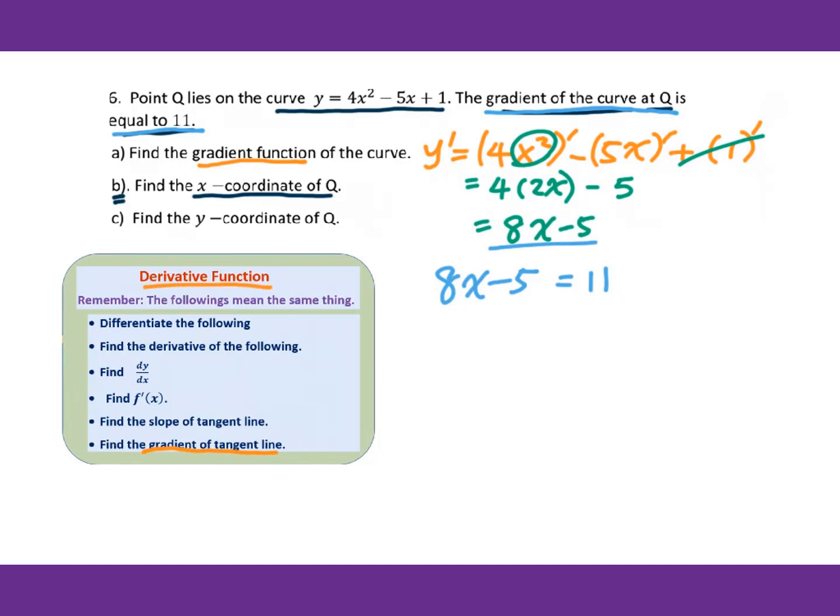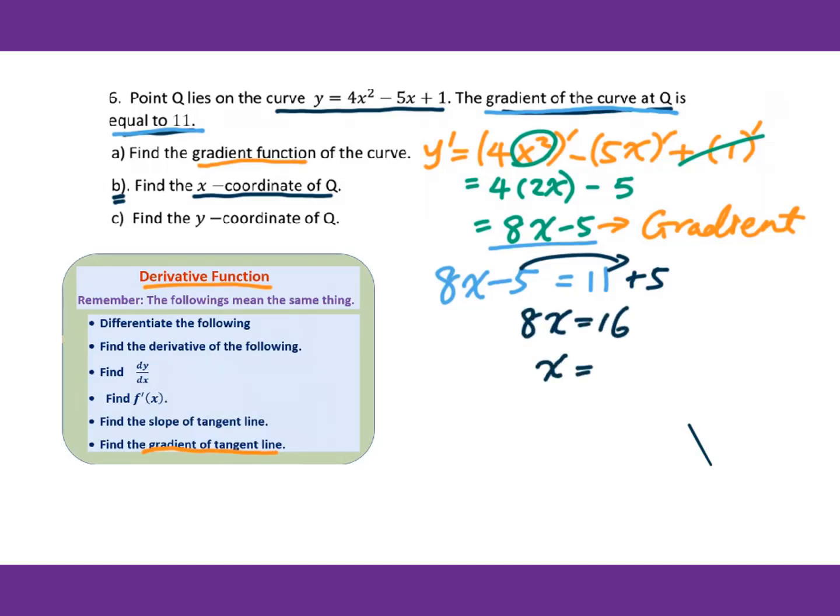So this derivative means the gradient of the curve. Then we solve for x. We add 5 to both sides. 8x equals 16, divided by 8, x equals 2. The x coordinate of Q is x equals 2.